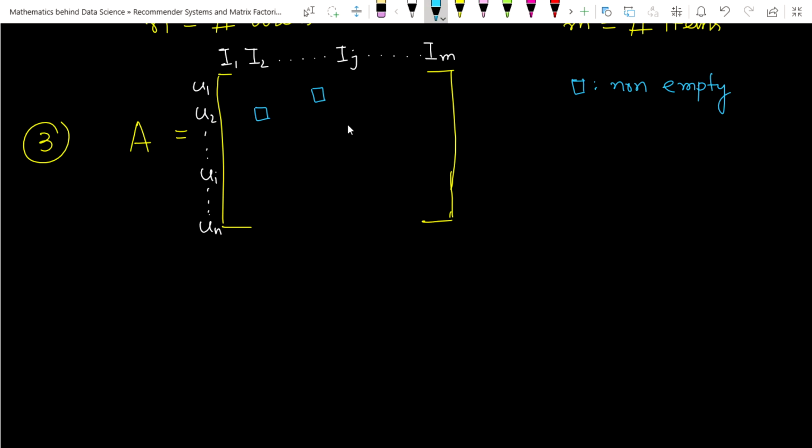Non-empty here, non-empty here, like that.